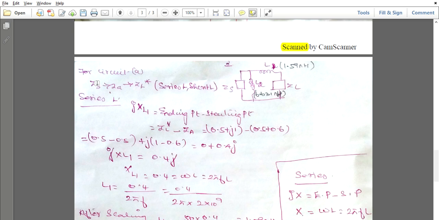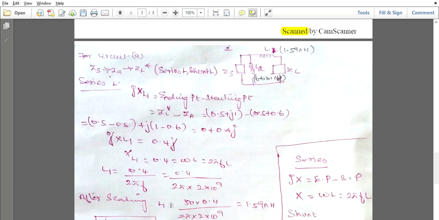This is the starting point impedance, this is the ending point impedance. If the element is series, you take ending minus starting, that is ZA minus ZS. If it is shunt, you take starting minus ending, that is ZS minus ZA. Likewise you substitute the values and simplify to find the value of this one.